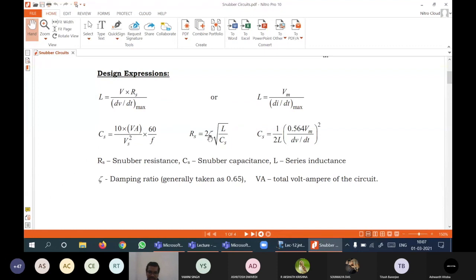Zeta is taken as 0.65, the damping ratio factor. All right. So this is the way we design. These are the expressions to design an RLC snubber. Very generic expressions. Fine. So this is about snubber circuits.